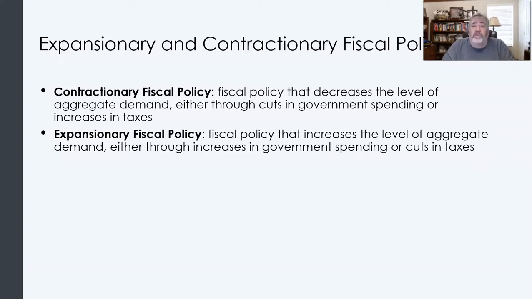So you want to slow the economy down. You want less output. You can raise taxes. Raising taxes gives consumers less money to spend. Consumers spend less. Output falls by an even greater amount. All right?